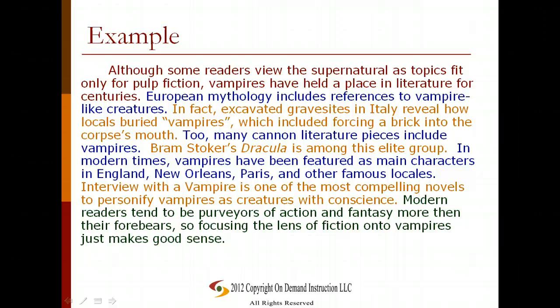Bram Stoker's Dracula is among this elite group. In modern times, vampires have been featured as main characters in England, New Orleans, Paris, and other famous locales. Interview with the Vampire is one of the most compelling novels to personify vampires as creatures with conscience. Modern readers tend to be purveyors of action and fantasy more than their forebears. So focusing the lens of fiction onto vampires just makes good sense.